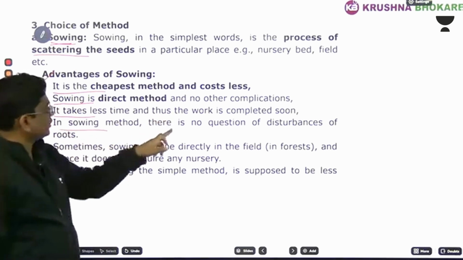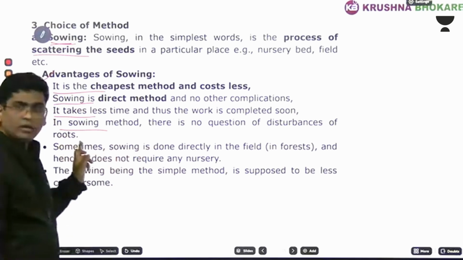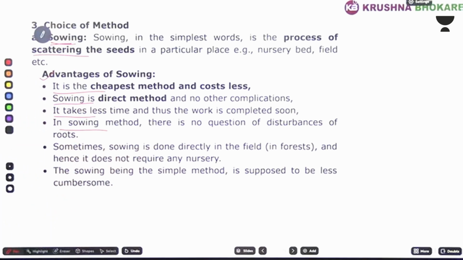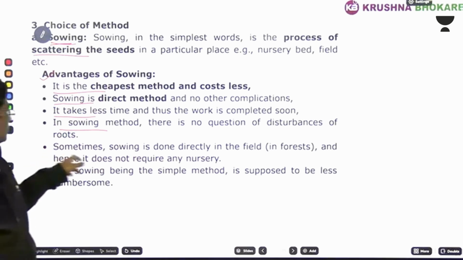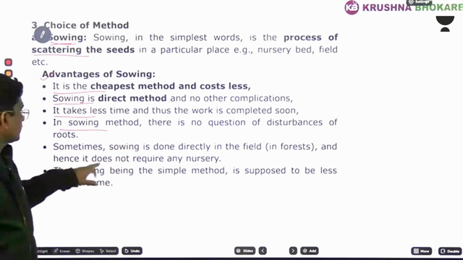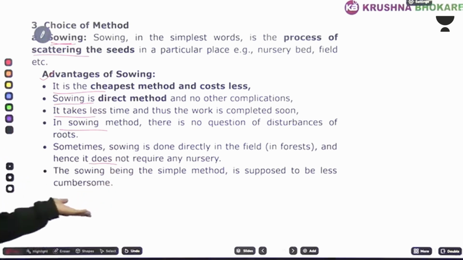In the sowing method, there is no question of disturbance of the root. But if you are taking plantlets from the nursery, at the time of planting there can be disturbance to the root. Here no disturbance, because we are sowing the seeds. Sometimes sowing is done directly in the field, in the forest, hence it does not require any nursery.